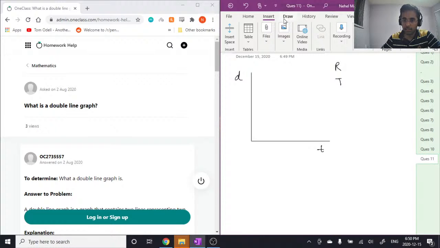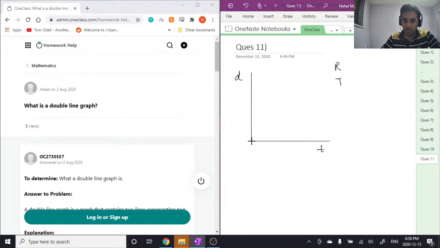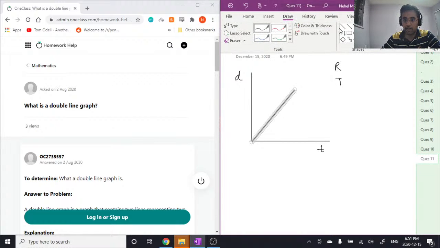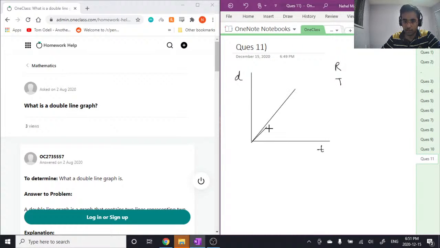Since the rabbit is much faster, he would be covering more distance in less time. Conversely, since the tortoise is slower, he will be covering less distance in the same amount of time. So this plot above would be the rabbit, and this would be the tortoise.